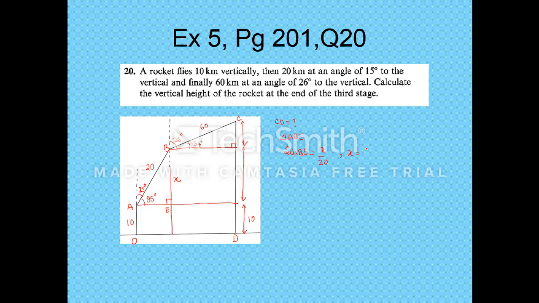So x is equal to 20 sine 85. So by the calculator, this value comes out to be equal to 19.923. Similarly, let's call this distance y.